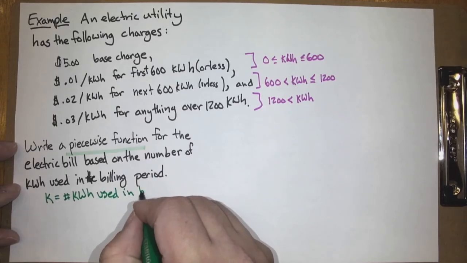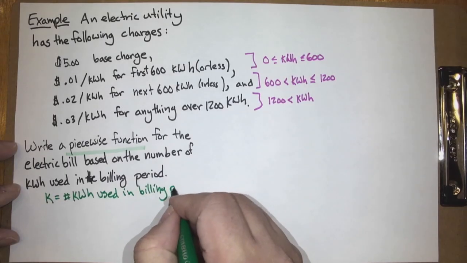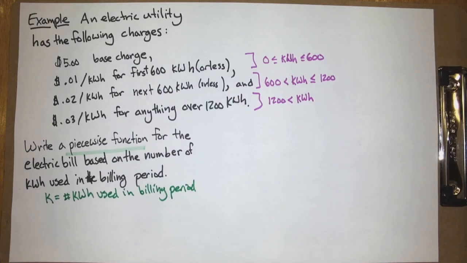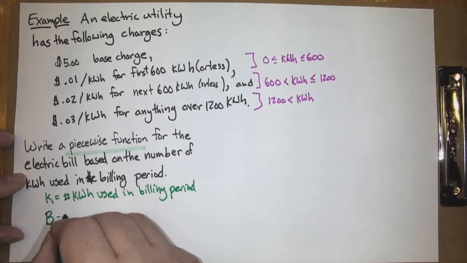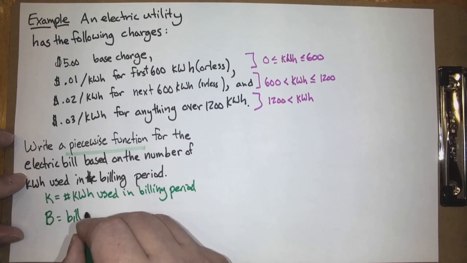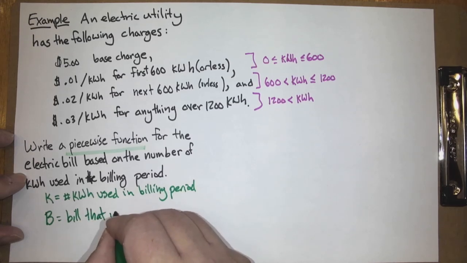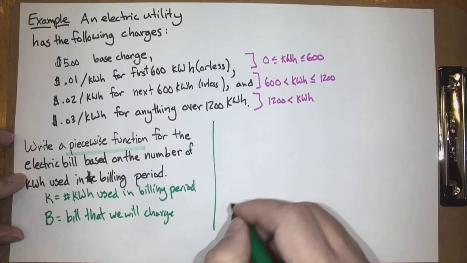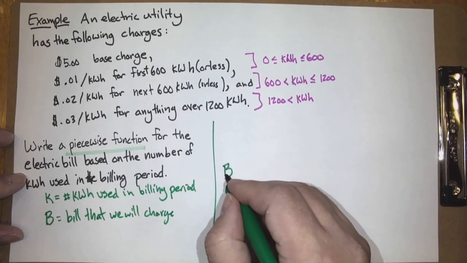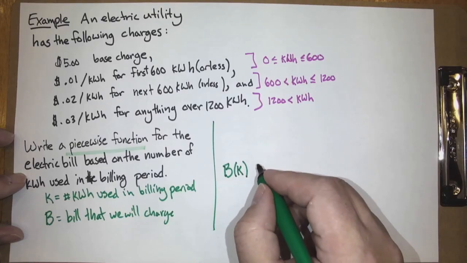All right, and what do you want to call our function? In other words, the bill. What should we call that? Again, we need to pick a symbol. B? B for bill. We'll use a capital B. This is our bill that will be charged. Okay, so with this in mind, now we're going to look at our bill as a function of kilowatt hours.